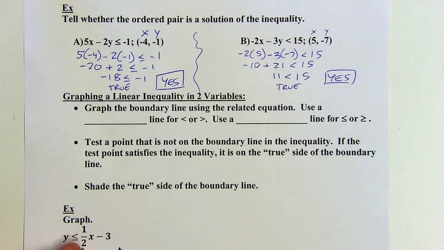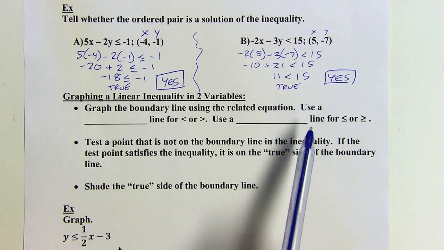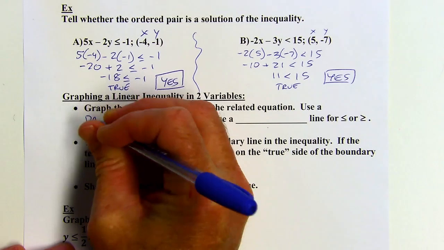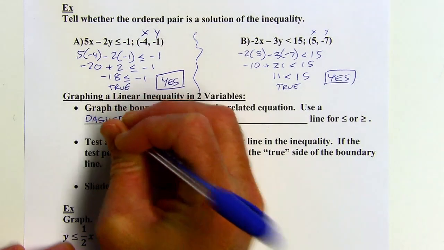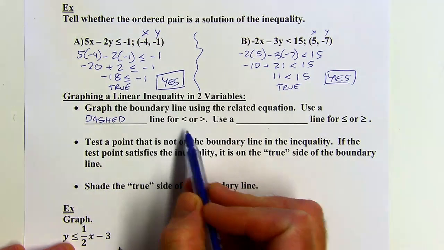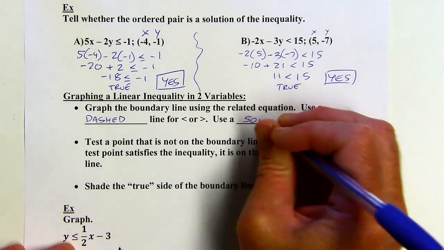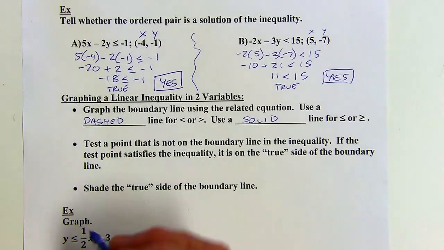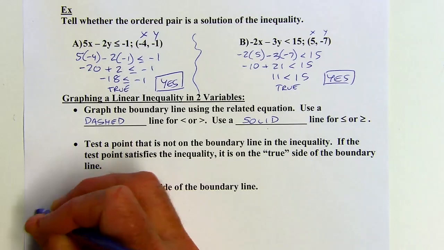So I'm going to think, well, what would this look like graphed if it were just an equation? But there is a little difference. I'm going to use a dashed line if I've got one of these two symbols. And I'm going to use a solid line if I've got one of these. So this particular example down here, this one, I'll use a solid line.